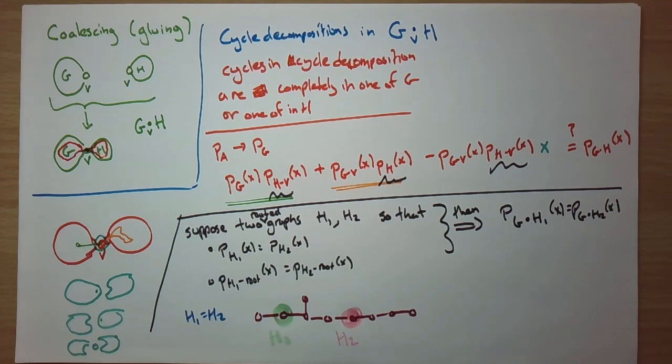Now, is it true that these have the same characteristic polynomial, H1, H2? Yeah. Do we need to derive that, or is there a simpler way to prove that? It's the same graph. Yeah, it's literally the same graph. Exactly. All the same matching, same cycles. Now, what if we delete H1 versus delete H2?